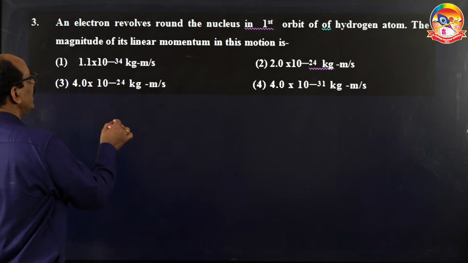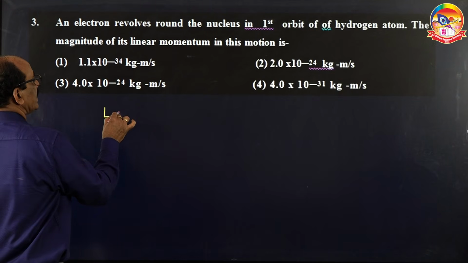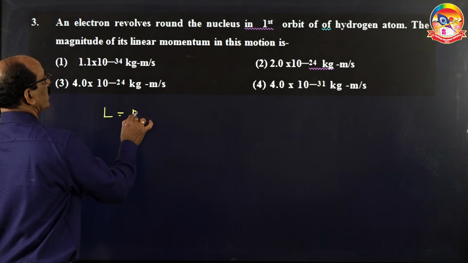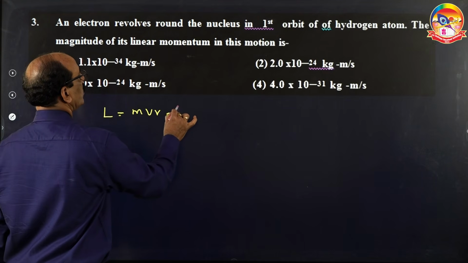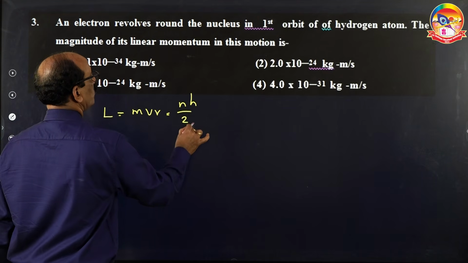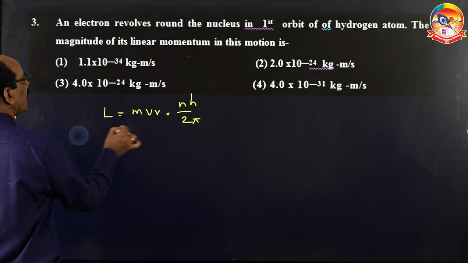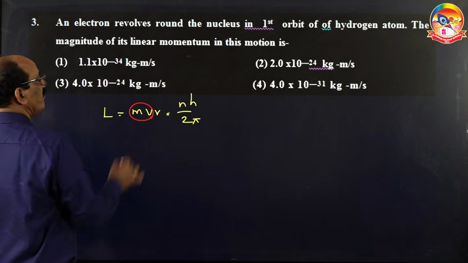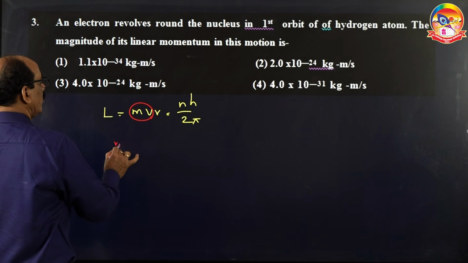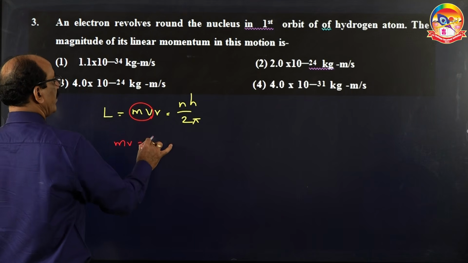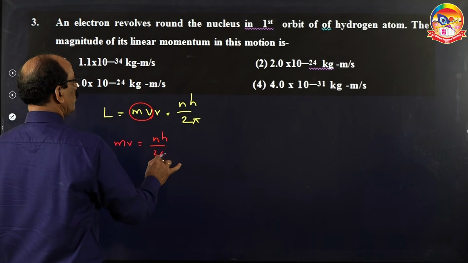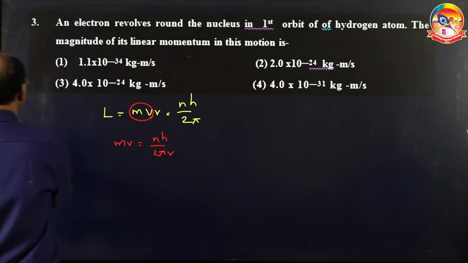We can do it this way: angular momentum quantization condition, L is equal to mvr is equal to nh by 2 pi. We want to find the linear momentum mv. So linear momentum mv is equal to nh by 2 pi r, we can write it and simplify this.